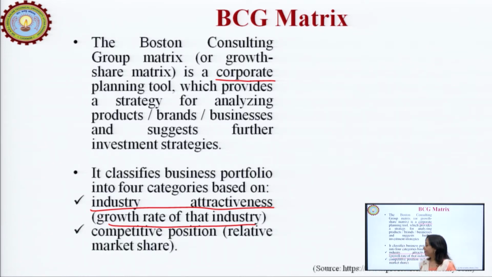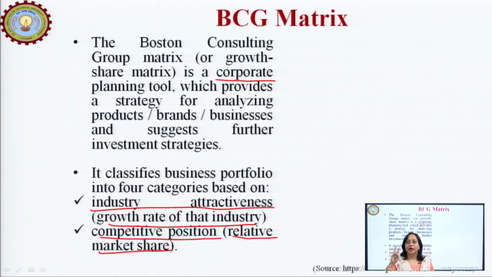The second factor on which it will evaluate is competitive position, or the relative market share. There is a ranking on the basis of which we say, okay, this company has the greatest market share, this has the second largest market share, and so on.